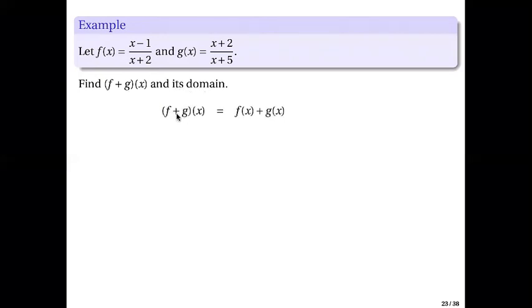So by definition, f plus g of x is simply f of x plus g of x. So you just copy the function f and the function g, and then you add them. So now you are just adding rational expressions, and we have done a lot of this kind before.